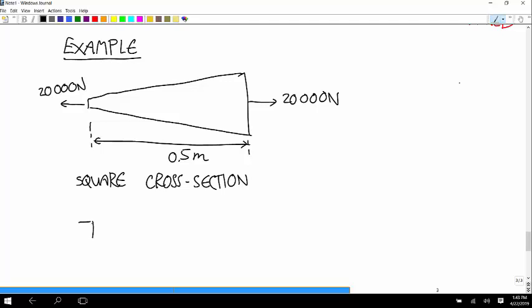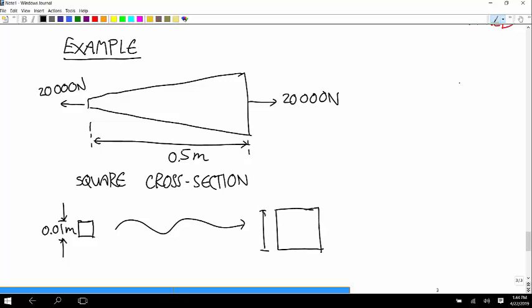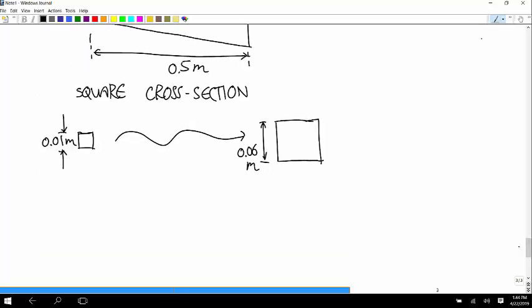It starts out with side lengths of 1 centimeter, and when you get to the other end, it's side lengths of 6 centimeters. What's the elongation?